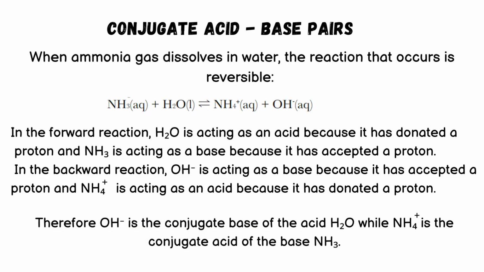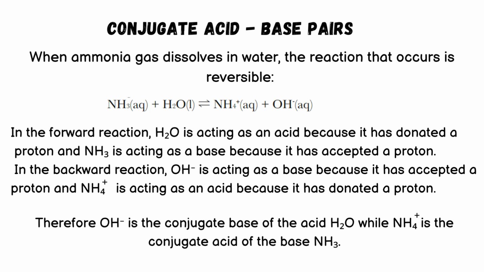Conjugate acid and conjugate base pairs. When ammonia gas dissolves in water, the reaction that occurs is reversible. Ammonia plus water gives ammonium ion and hydroxide ion. In the forward reaction, water is acting as an acid because it has donated a proton, and ammonia is acting as a base because it has accepted a proton.